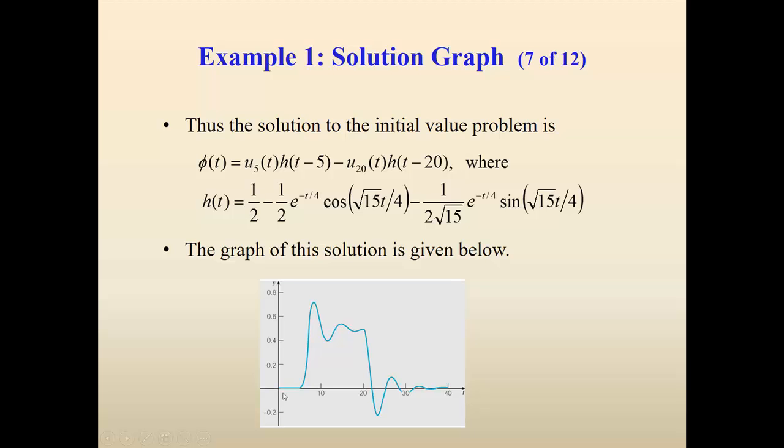So it goes up and wiggles around 1/2. Then at t equal to 20, the same process begins again. Only now, instead of adding 1/2, this subtraction sign means I subtract 1/2. So where it's centered around 1/2 here, now I'm centering around 0 here.